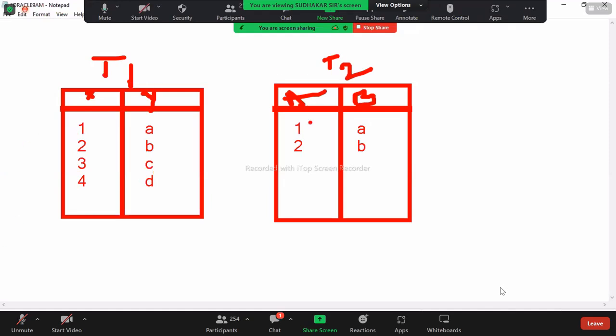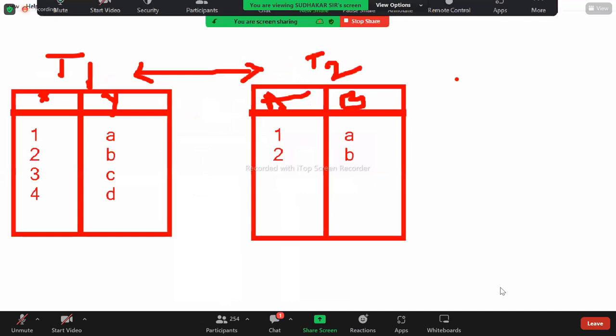Now we can see T1, T2. 1A, 2B are in T2. The same data, 1A, 2B, is in T1 also. Suppose I need to merge T1 and T2, these two tables, together. What is my output? Can you tell me, guys?